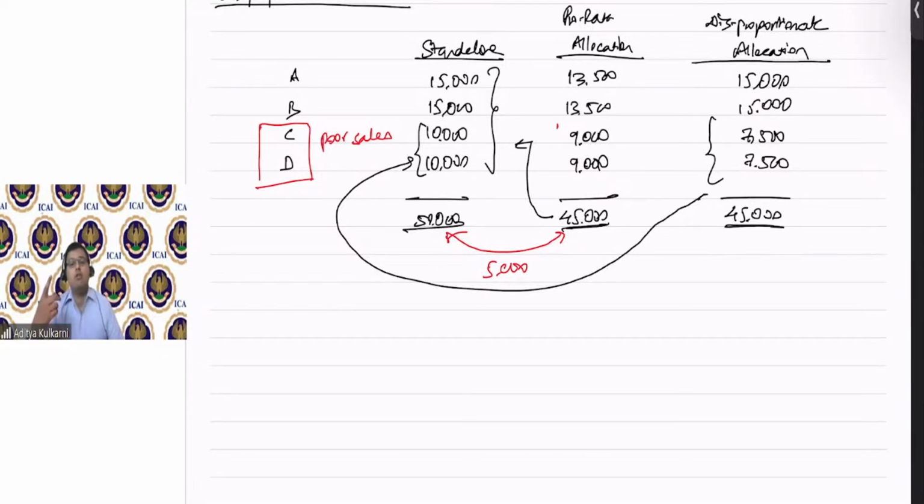Beyond this, there is an overriding principle. What is the overriding principle? After you do the allocation, the result of that allocation should make sense. When I say it should make sense, I mean suppose you expect an amount of 9,000 rupees to be received, but you have received only 7,500.